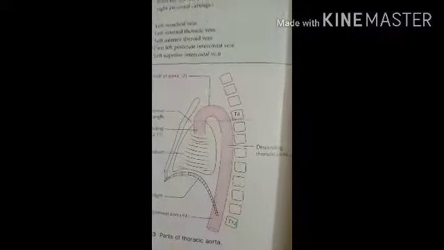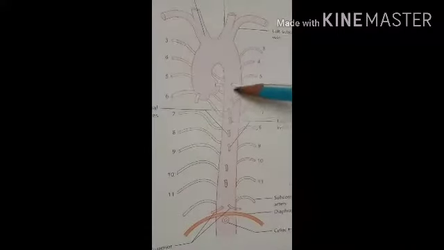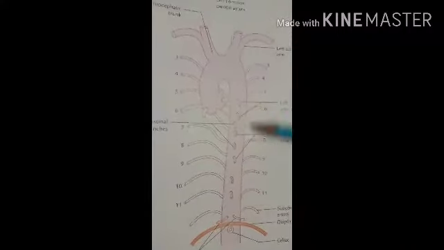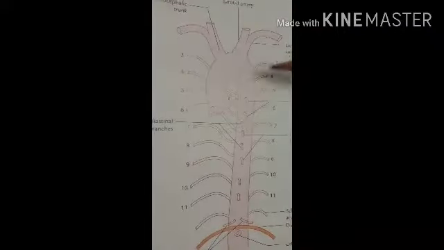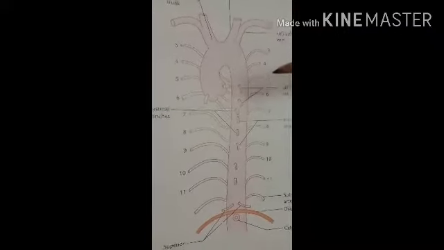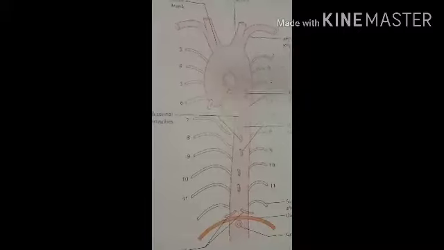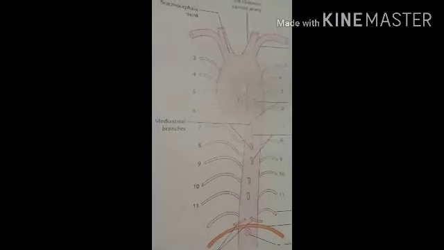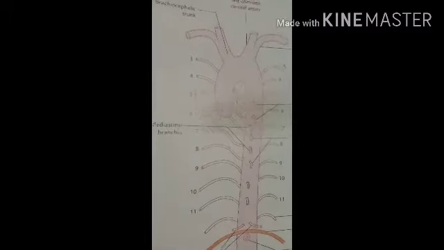For this we have to see another diagram, that is the branches of the descending thoracic aorta. Here in this diagram you can see the several branches. The branches of the descending thoracic aorta are the 9 posterior intercostal arteries on each side for the 3rd to 11th intercostal space.